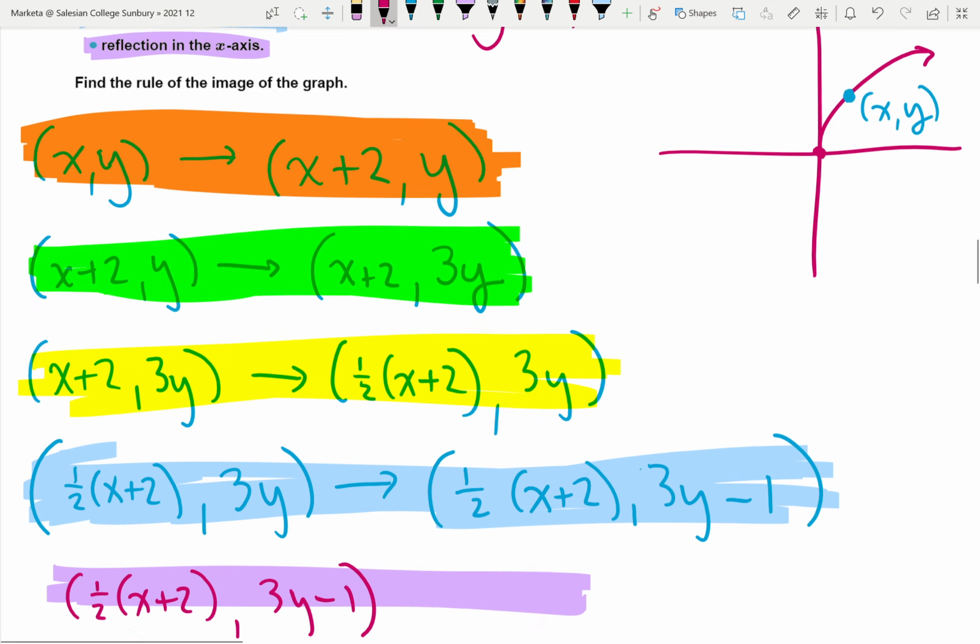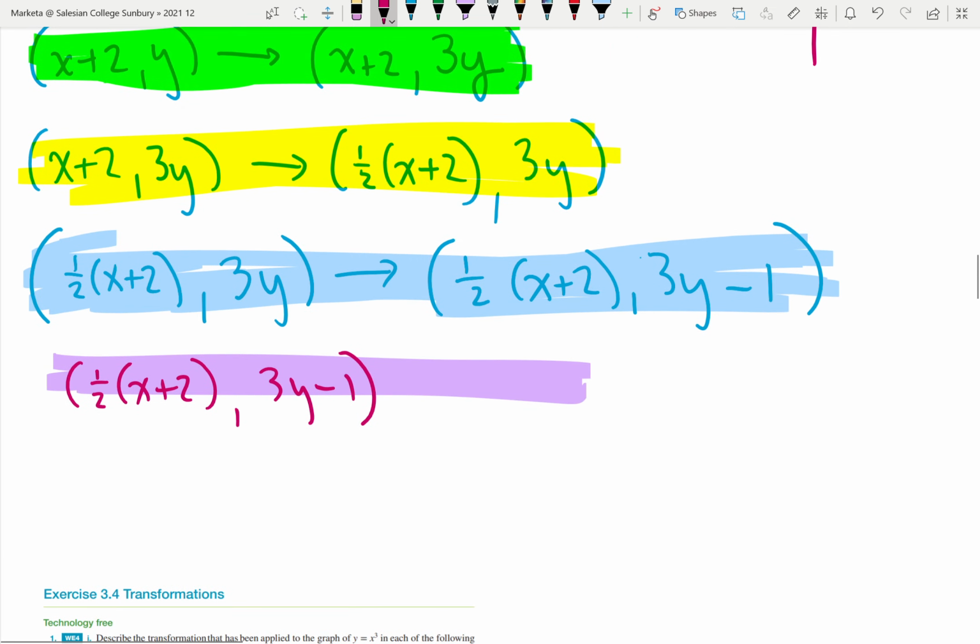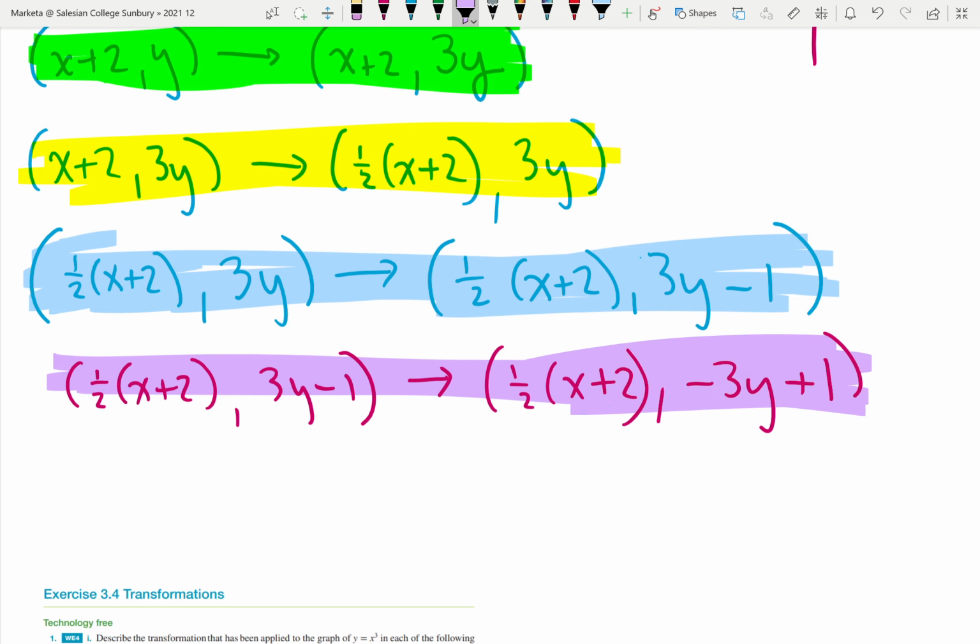Reflecting in the x-axis means we're going to affect the y values, so it's going to become half (x plus 2), comma negative 3y plus 1. So now we've got all those transformations accounted for, and now we have to go about making the new equation. Let's just neaten that up. So our final point after we've done all the transformations is this.